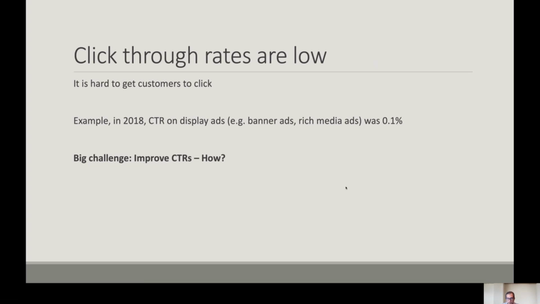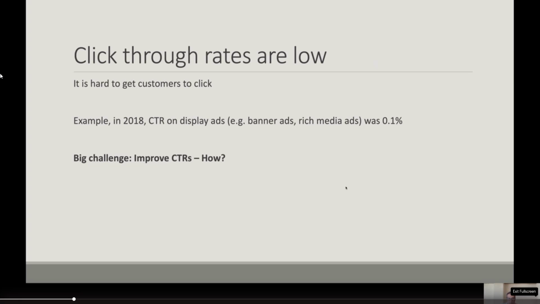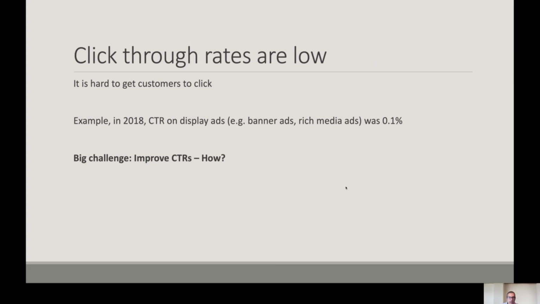But when consumers are consuming content on different websites, and at that time they see a display ad, well, their intent at that point in time may not be to actually look for a product or a service. And hence, the click-through rate on display ads was generally much lower than the click-through rate on search ads.